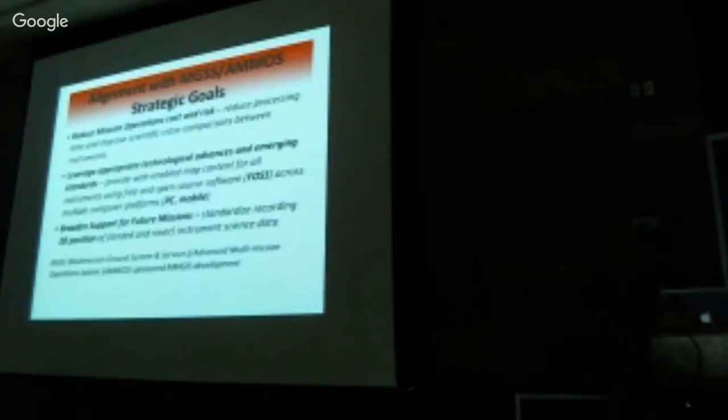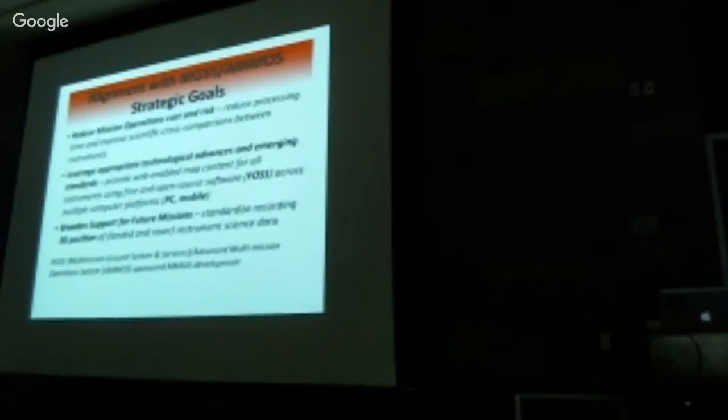And these align with the Multi-Mission Ground System and Services, Advanced Multi-Mission Operating System services, MGSS, AMOS. I have to read it because I cannot remember. I always drop one word in the acronym. Who's supporting MMGIS: operation times, costs, and risk, leveraging new technologies like open source software, which MMGIS is built on, and then providing support for future missions.